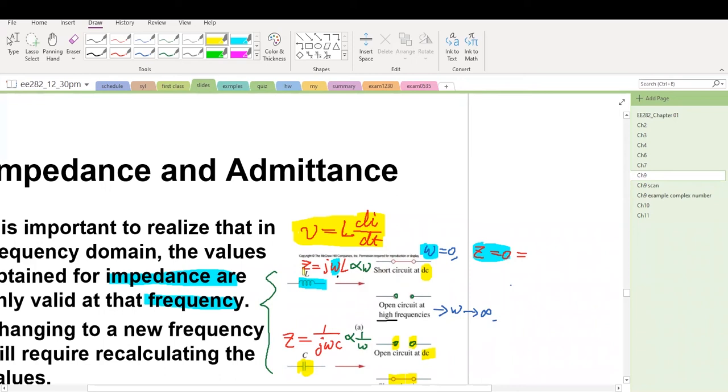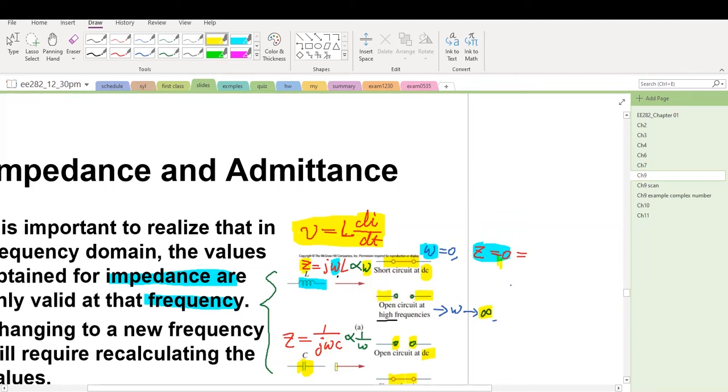In this case, the impedance of the inductor equals 0 because j omega L, when omega equals 0, Z equals 0. So when Z equals 0, that means the circuit is a short circuit, an ideal wire without any resistance. When omega goes to infinity, the impedance goes to infinity. So therefore, the circuit is open circuit.